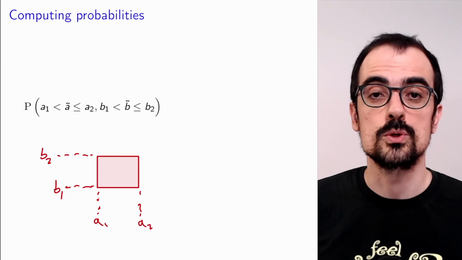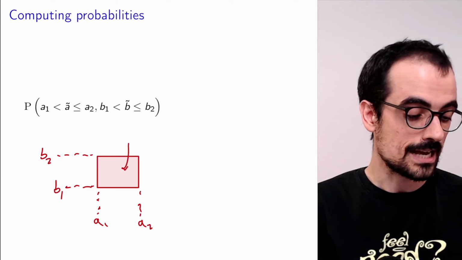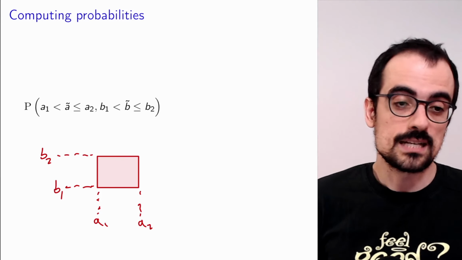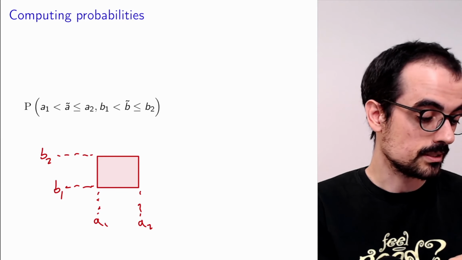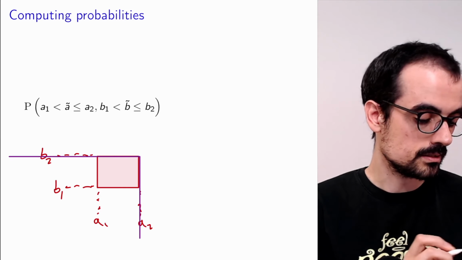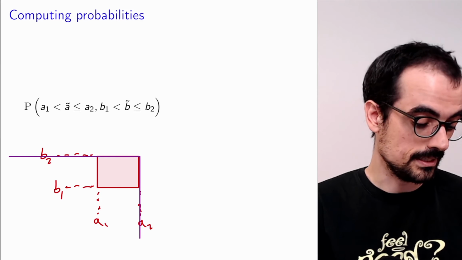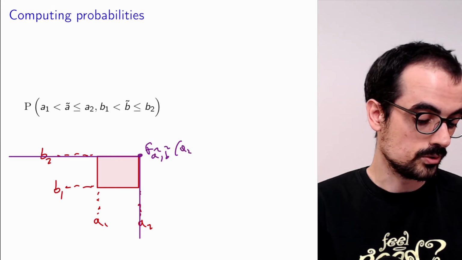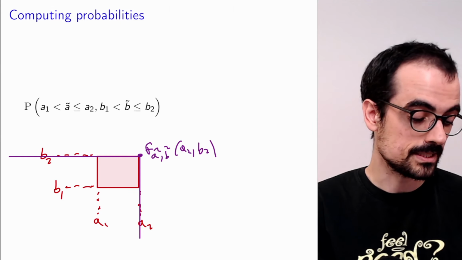And now you want to compute the probability that your 2D random vector ends up inside the rectangle, and you know the joint CDF between the 2 random variables. So it's actually pretty easy to do. What are you going to do? You're going to say, well, the probability that I'm interested in is equal to the probability that the random vector is here, which is equal to the CDF at this point, F A2 B2. Now I need to subtract some stuff.